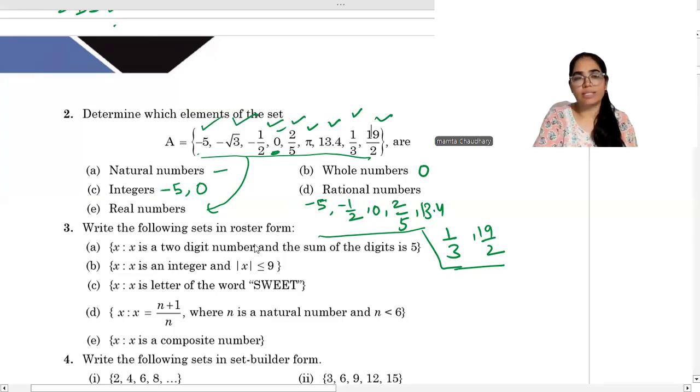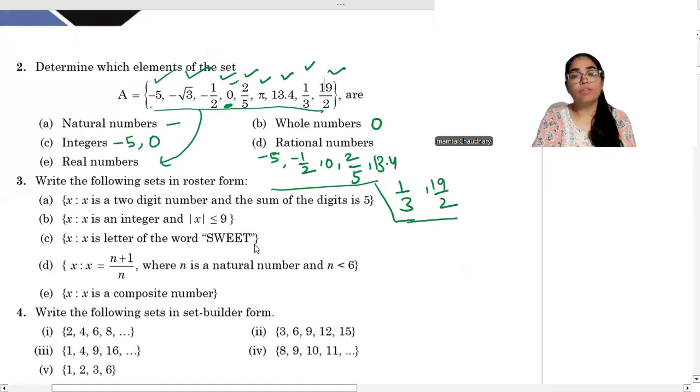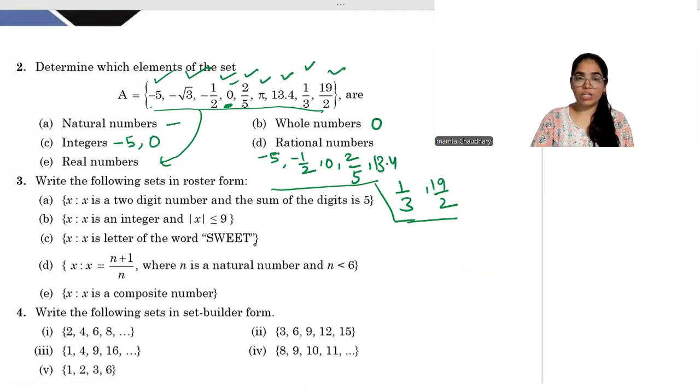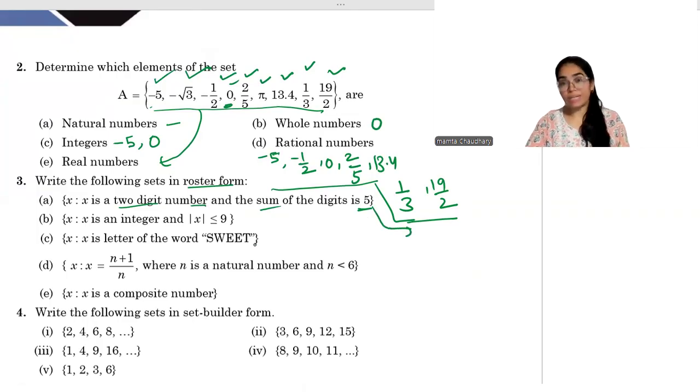Now next, write the following sets in roster form. First, x is a 2-digit number and the sum of the digits is 5. So what can we write? The number can be 14, a 2-digit number, and 1 plus 4 is 5, or its reverse, 41.